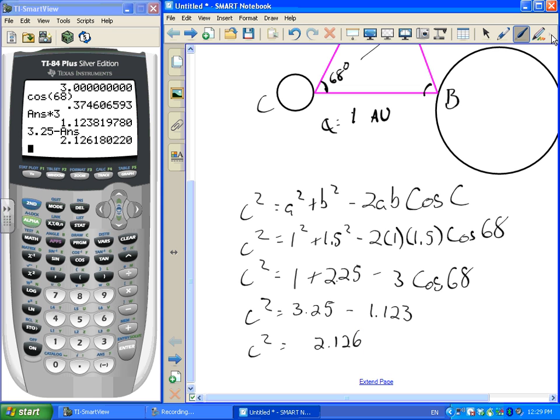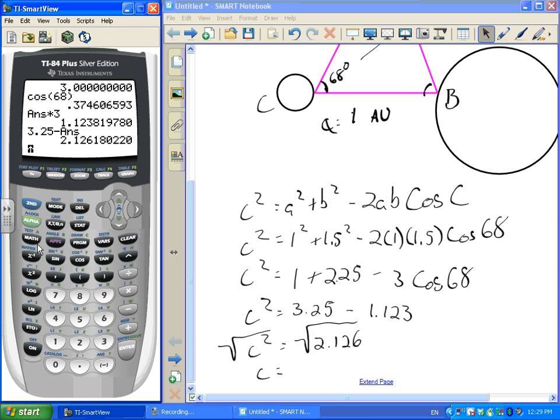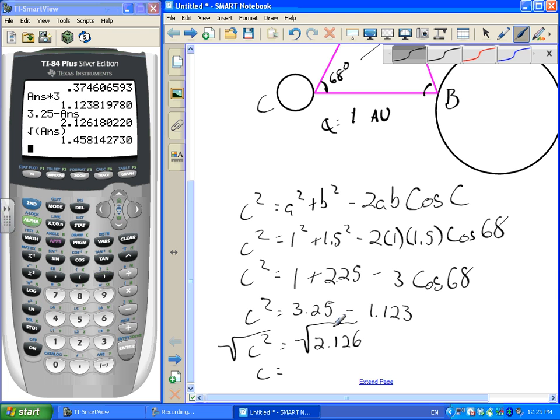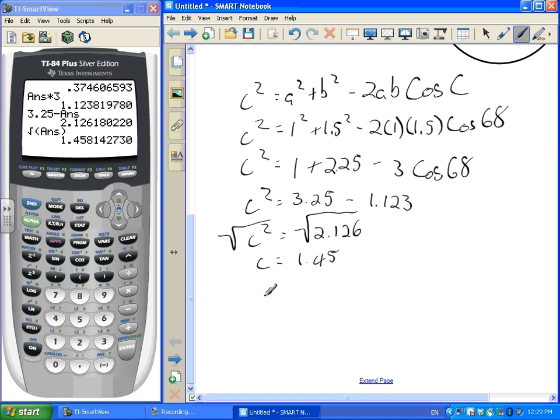I need to square root both sides in order to solve for just my C. So I square root this side, square root this side. C will equal the square root of the answer above, approximately 1.45.